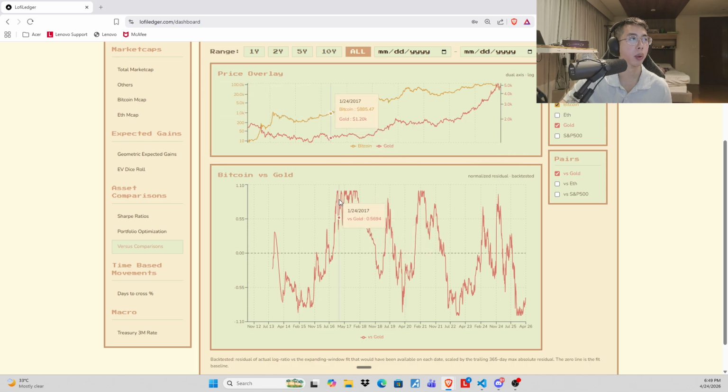It would have told you to sell all your Bitcoin at 7K, but then Bitcoin still continued to go all the way up to $11,000. So that's a huge difference. It still continued to go up almost 2x, while gold didn't do anything.